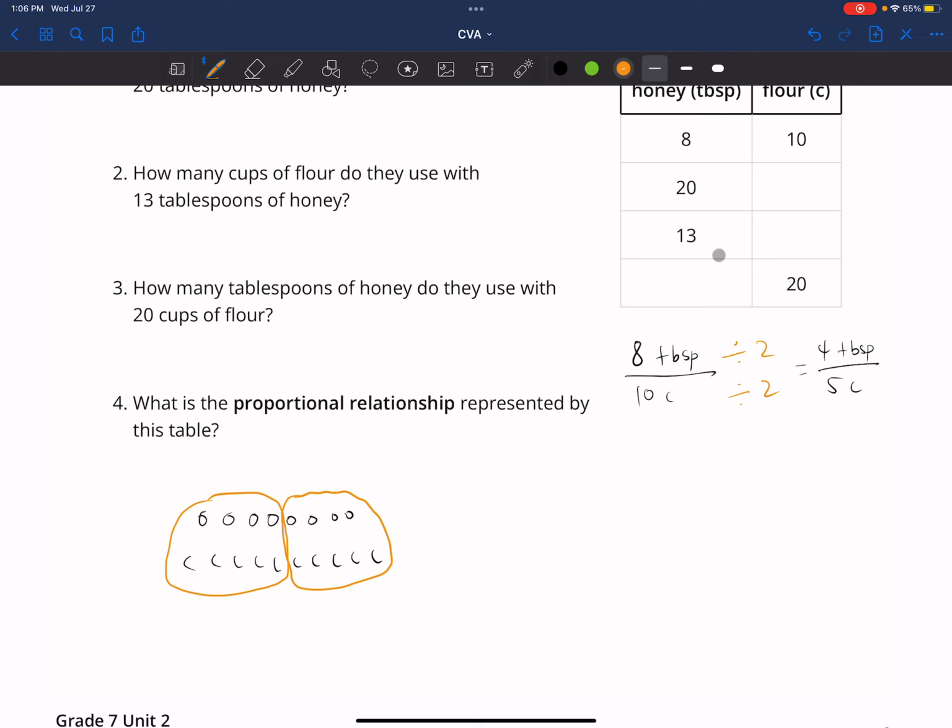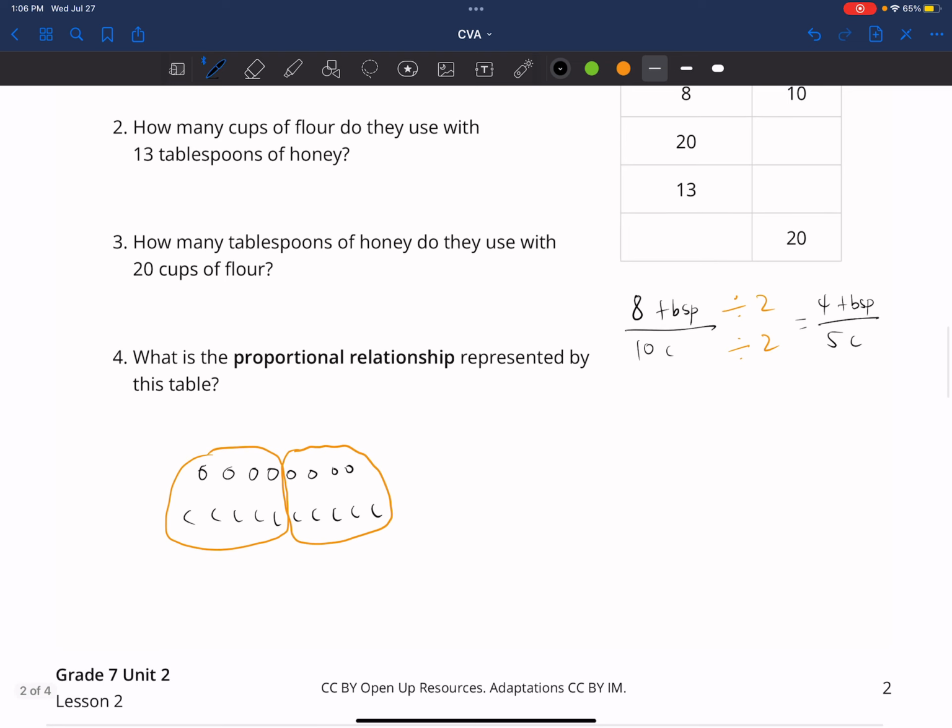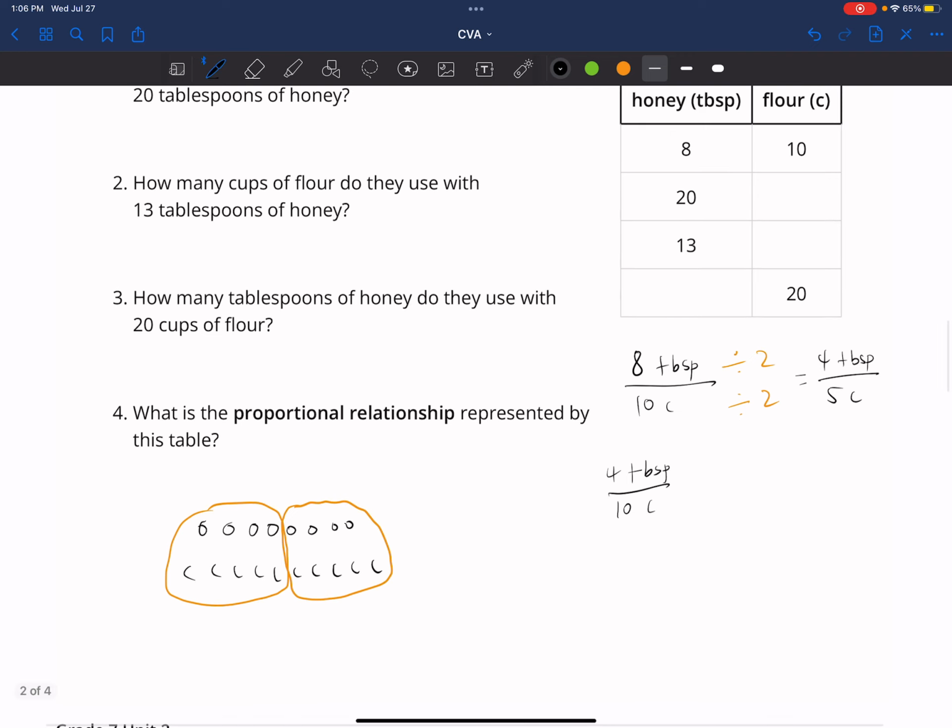And now we want 20 teaspoons. So I'm going to use the most simplified form, 4 teaspoons and 5 cups. How do I get 20? 4 times what is equal to 20? If I multiply by 5, 4 teaspoons times 5 is 20 teaspoons.